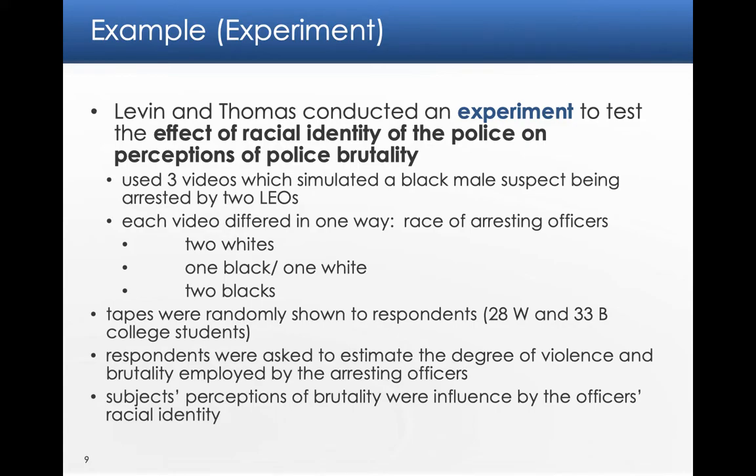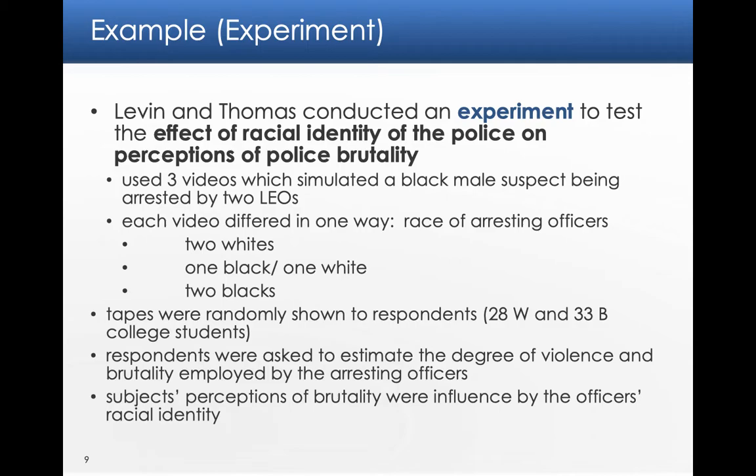Levin and Thomas conducted an experiment to test the effect of the police officers' racial identity on perceptions of police brutality. They used three videos, which simulated a black male suspect being arrested by two police officers. Each video differed in one way. In one video, the arresting officers were both white. In one, they were both black. And in one, one was white and one was black.